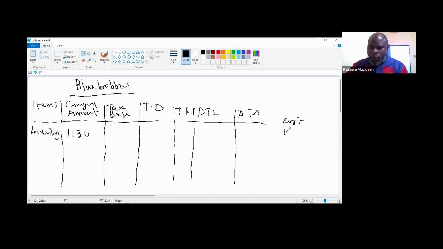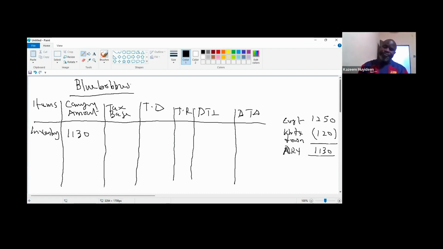But he said it was written down by 120. Then after we write it down, we have a net realizable value of 1,130. This is what he's saying. That means the cost is 1,250. Do you agree? Do you agree with that?